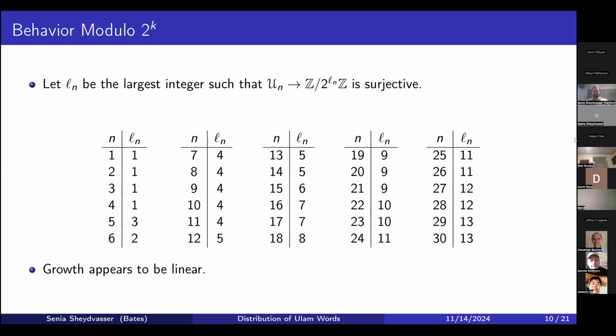It feels like it's growing linearly. I'm not going to claim that with any degree of confidence, because I don't think we have quite enough evidence to really be able to assert that, but I think it's something around this.